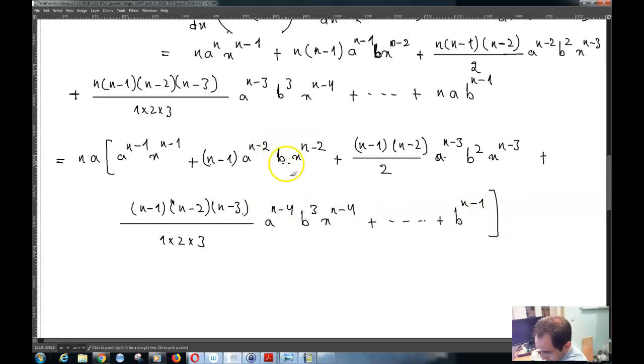Now this part over here, you should be able to write as ax plus b raised to the power n minus 1, I suppose, because that's how they have written it. So the way that we can verify that, I'm going to expand this binomial and see what we get.